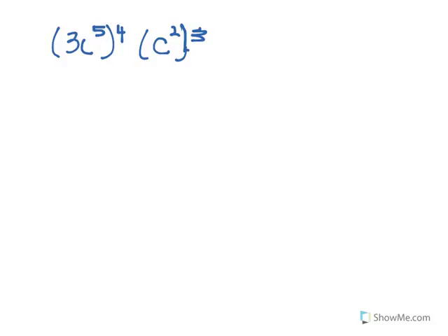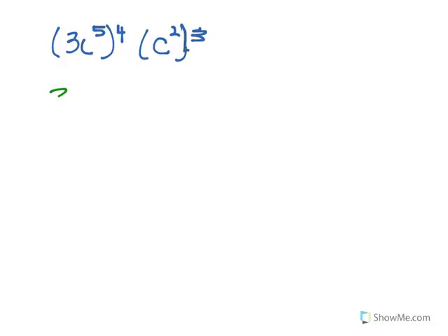We have one more example that we're going to look at. We have the product of 3c to the fifth power, all raised to the fourth, multiplied times c to the second, raised to the third power. So we have a product raised to a power, so each factor gets raised to that power.